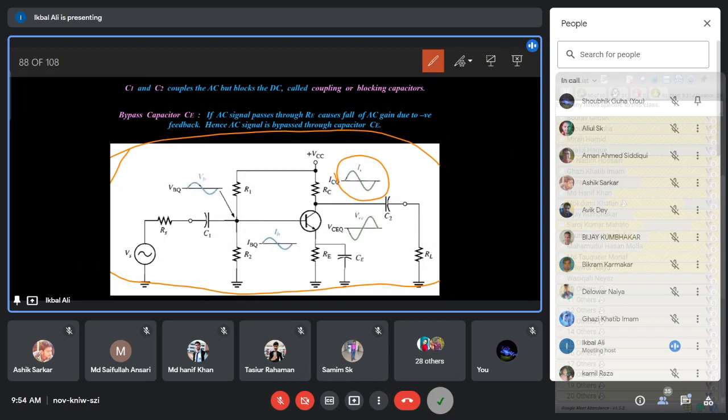Then this amplifier will make the signal amplified, and there will be no distortion. The incoming signal at the output of this small signal amplifier will be amplified a little bit, but there will be no distortion.